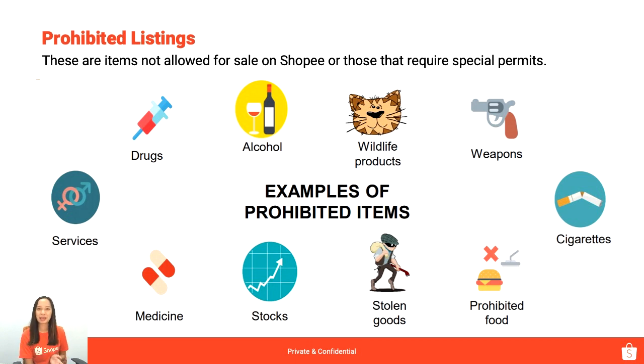So, gumamit na lang tayo ng ibang platforms for this. For medicine, under regulation din ito. So, kailangan meron din tayong mga special permits for this. And, syempre, i-check na lang natin yung ating list of prohibited items for the list of medicines and food na bawal ibenta sa Shopee. And lastly, we have services because this is a type of advertisement.